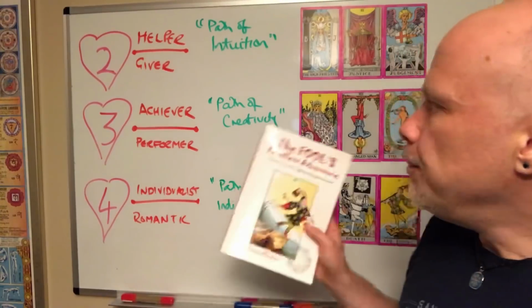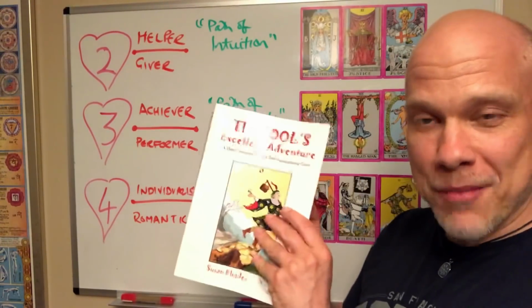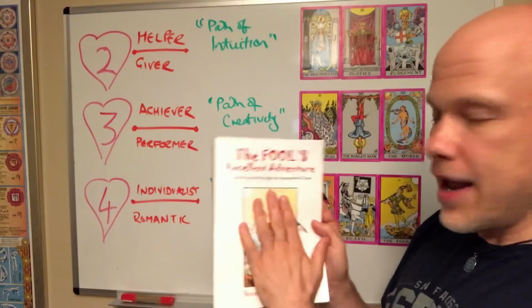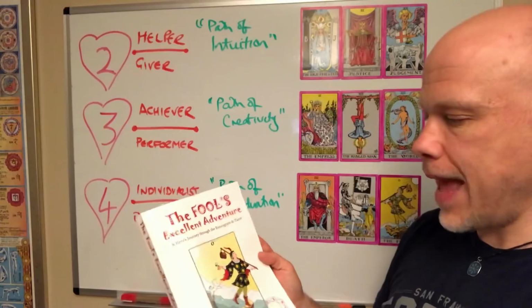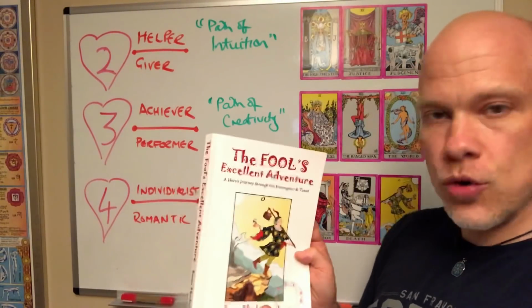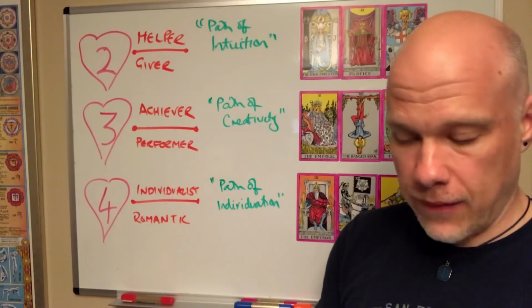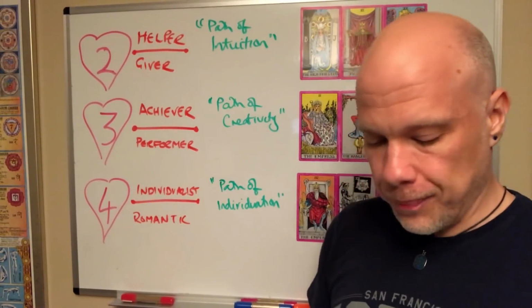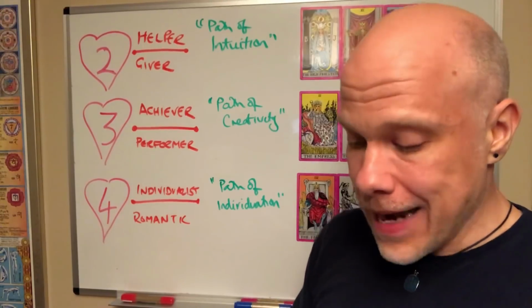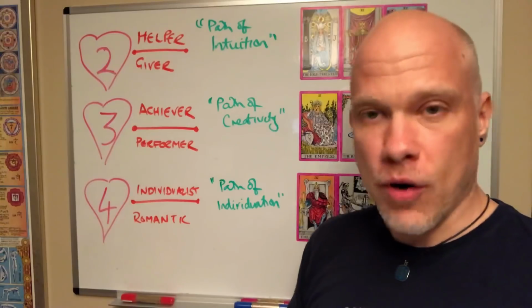Now, the reason I wanted to do this was, and I'm waving it around in front of the camera so you can tell, I have got this book called The Fool's Excellent Adventure, A Hero's Journey Through the Enneagram and Tarot by Susan Rhodes. And this is a very interesting book. There's a lot of information in this book, so I couldn't even begin to condense it in any sensible way into a very short video like this.